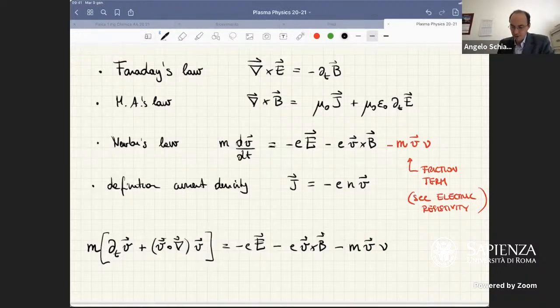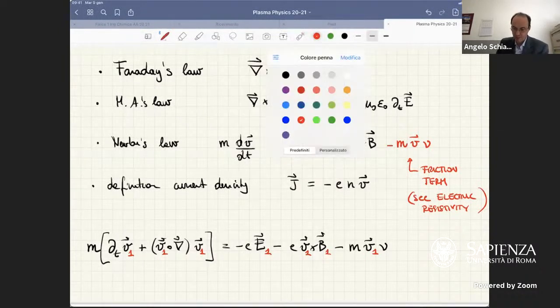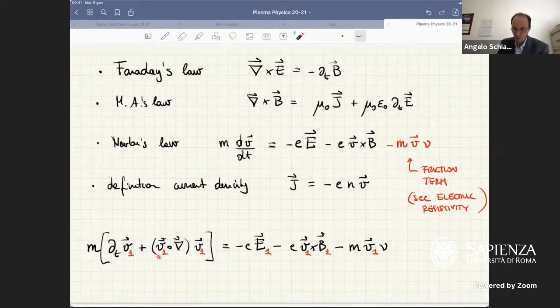And now let's add a perturbation symbol here. Remember that we are just taking into account the perturbation in our treatment, and let's neglect second order terms. You see here we have the product of V1 and V1, so we are going to neglect this second order term.